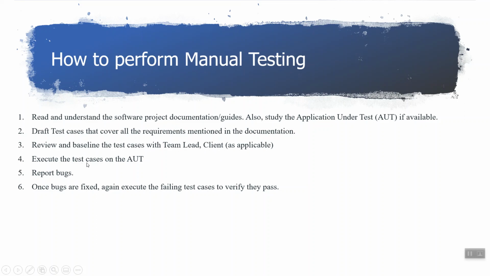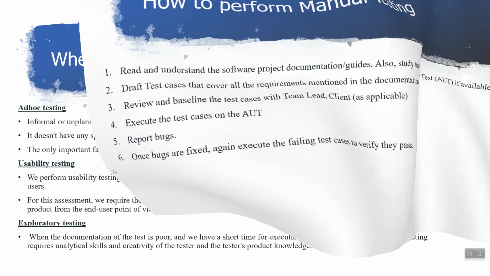Next is to execute the test cases on the AUT, meaning application under test. Then report bugs when you find them while testing the application. Once bugs are fixed, again execute the failing test cases to verify they pass. Okay, these are some of the points we use while we perform manual testing.